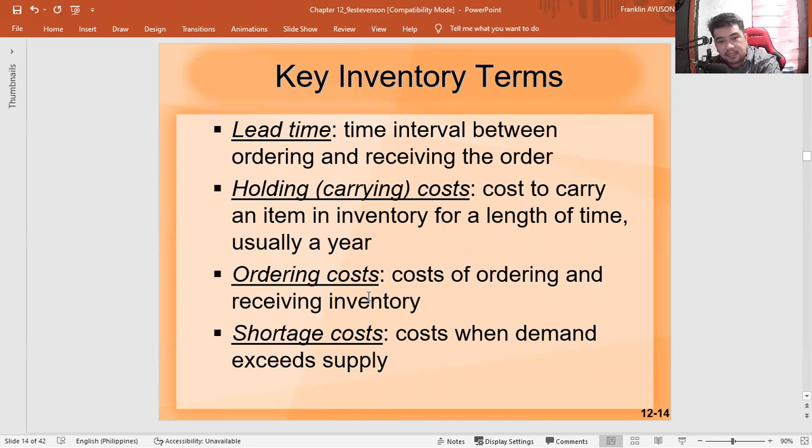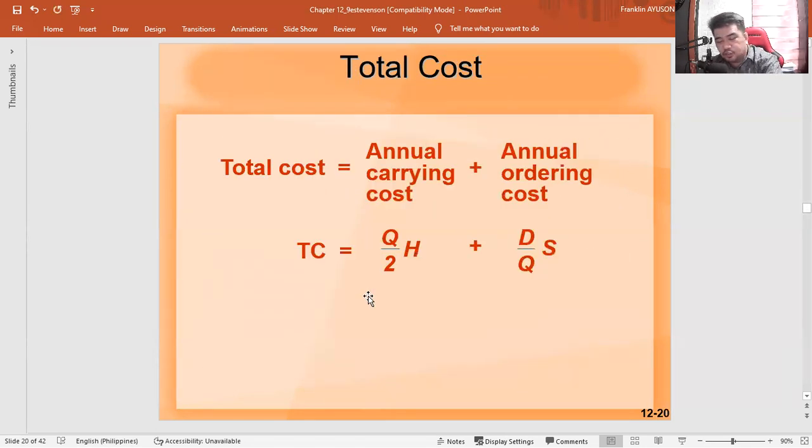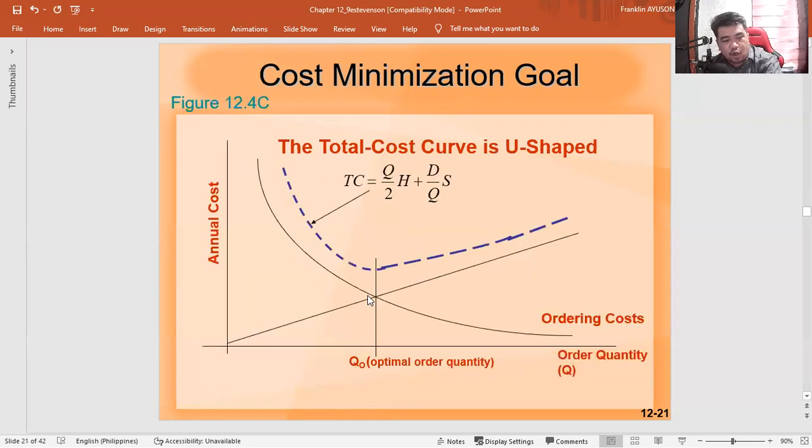Sabihin, nandun yan sa ating inventaryo, nasa refrigerator natin yan, nasa warehouse natin yan, nasa storage facilities natin yan. Yan. So, dinedetermine natin yan, yung ating optimal order quantity, with reference to our ordering costs and our annual costs. So, we want to determine the lowest possible cost.